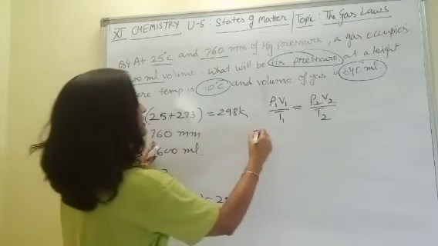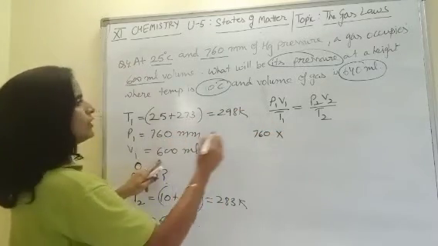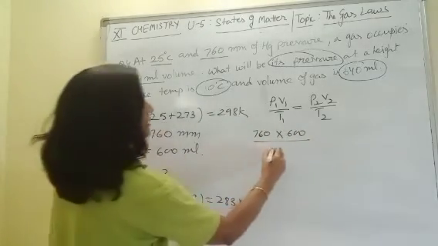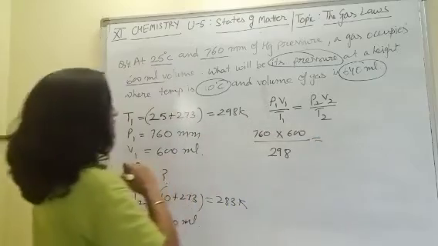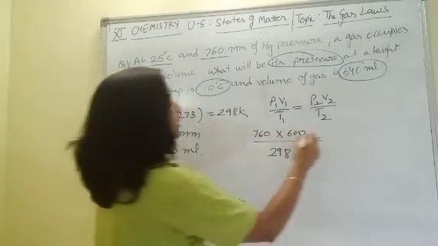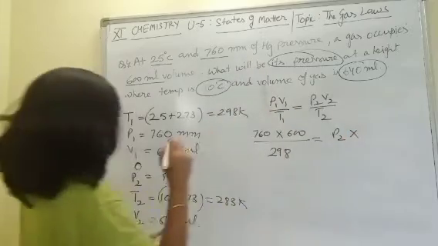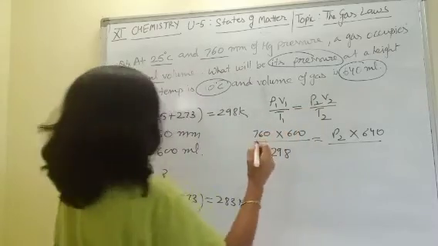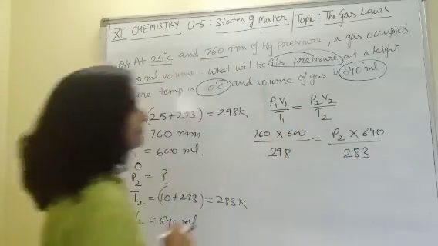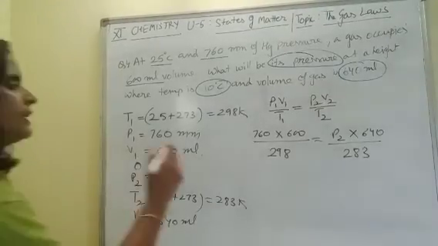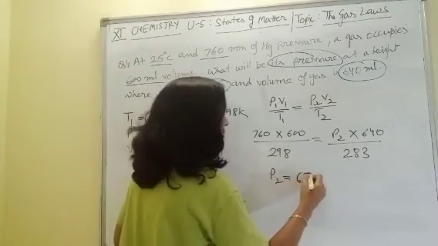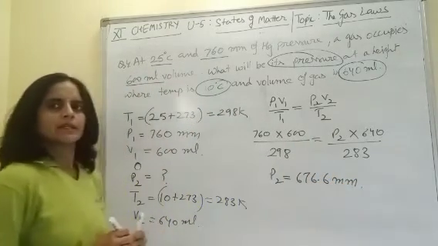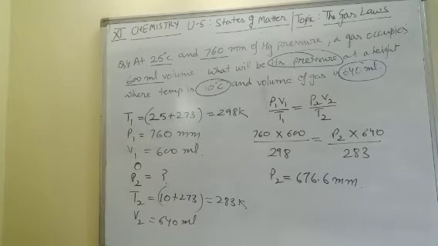Initial pressure 760, initial volume 600, initial temperature 298, then final pressure we will be calculating, final volume 640 and temperature 283. Solve this for P2 and the answer is 676.6 mm Hg. Clear? This question is based on the combined gas law.